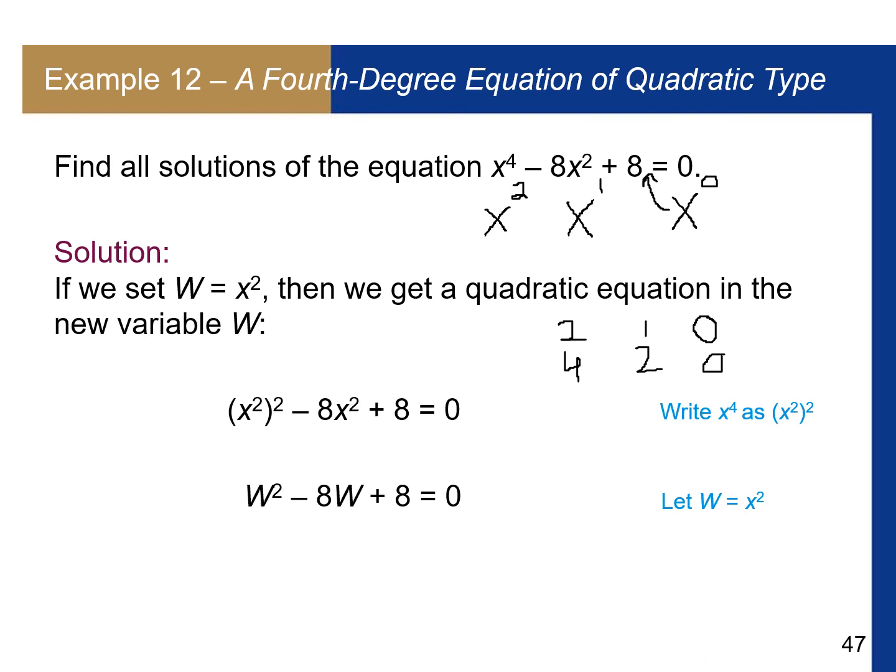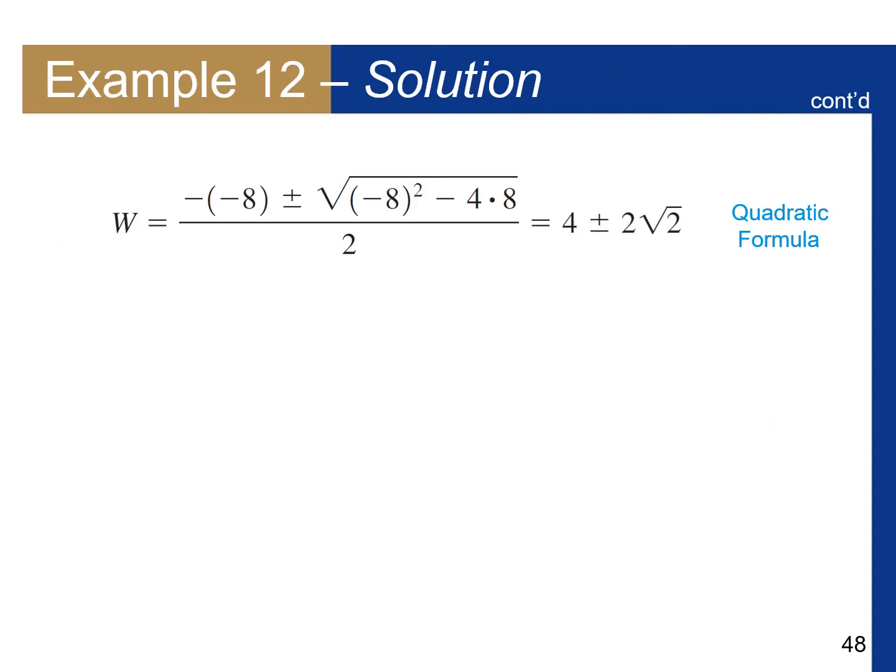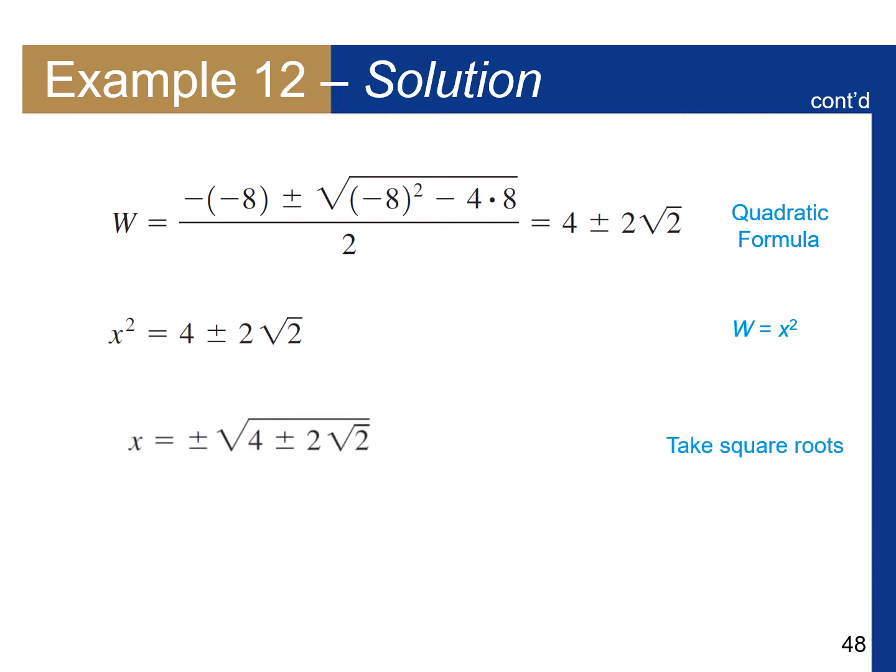So I can substitute w in for x squared, and use the quadratic formula. Remember that w is equal to x squared, so now I set it to x squared. And then I'm going to take the square root of both sides again, and when I do, that is how I'll get my answer.